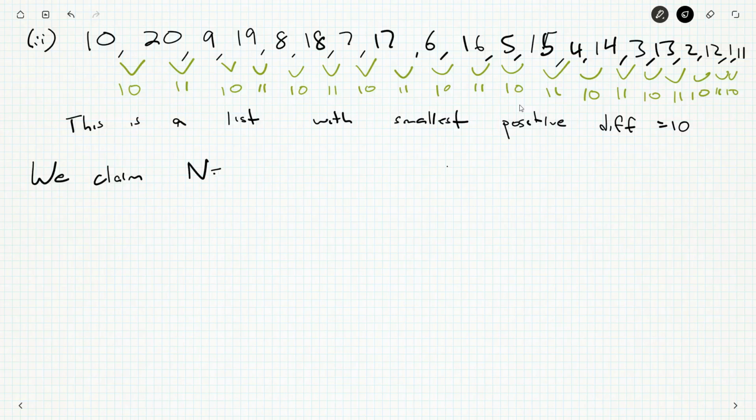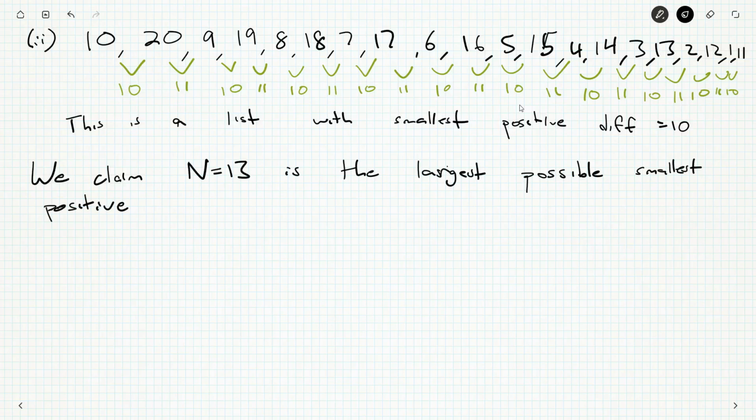So we claim n equals 13 is the largest possible smallest positive difference. So it's the largest possible x, where x is smallest positive difference. For people who are still getting upset by largest of the smallest difference.